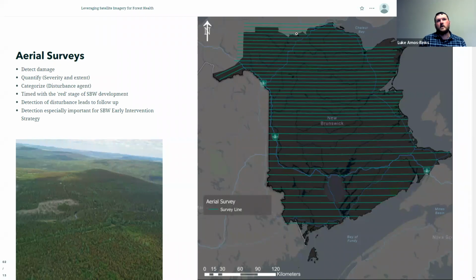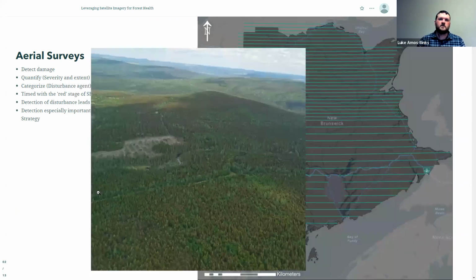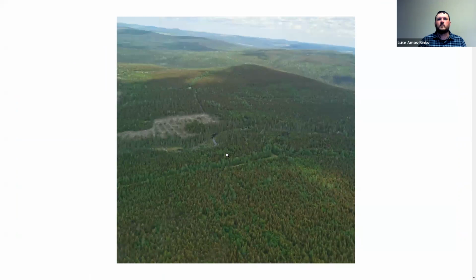For that reason, our aerial survey is typically timed with the red stage of spruce budworm development. So when the larvae have had time to feed and damage the foliage, it turns that red hue. This is just an example of what that red hue might look like from an aerial observer's perspective.